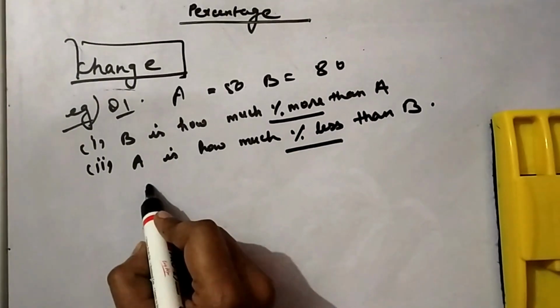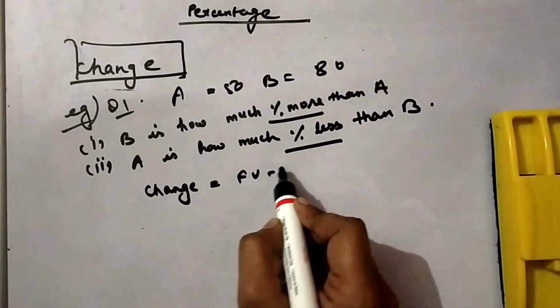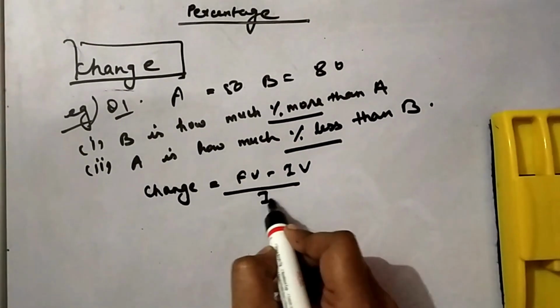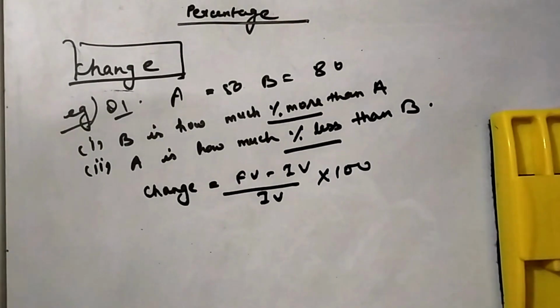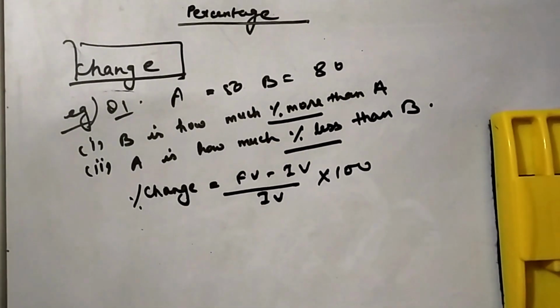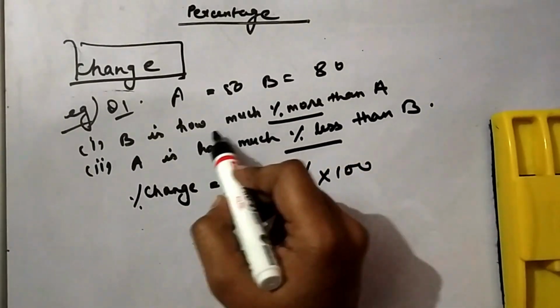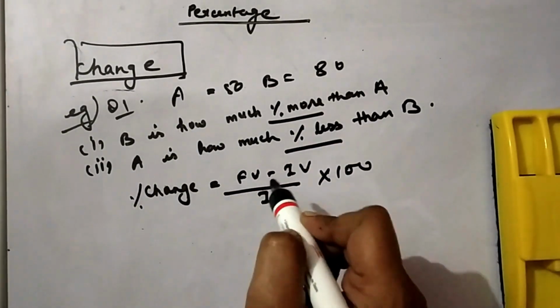The formula we have got: change is equal to final value minus initial value upon initial value into 100. This is the percent of change formula. Here it is asking how much percent more, so we have taken the formula percent of change.